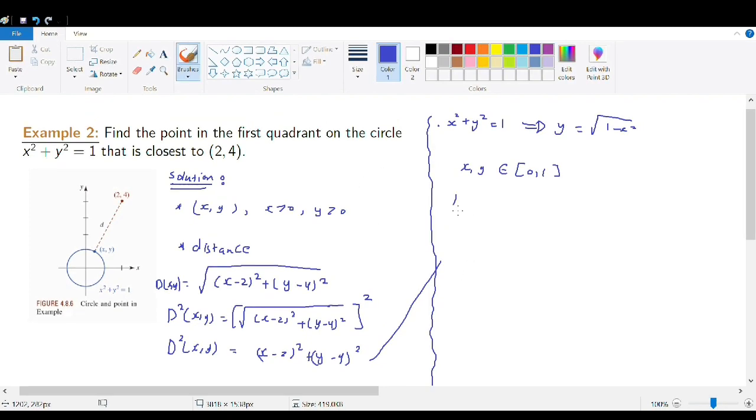So here we have d square of x, y. This will give us x squared minus 4x plus 4 plus y squared minus 8y plus 16. If we rewrite this, this will give us x squared plus y squared minus 4x minus 8y, and we can add 4 with 16, which gives us 20.